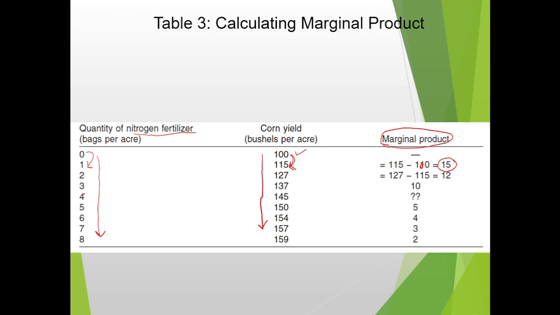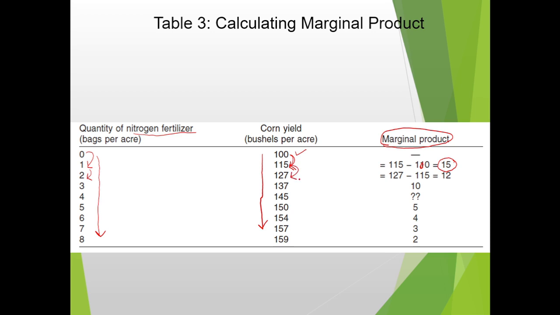Now, let's suppose that Paul decides that he will use 2 bags per acre of nitrogen fertilizer. And as a result of that, the corn yield in bushels per acre increases from 115 to 127.